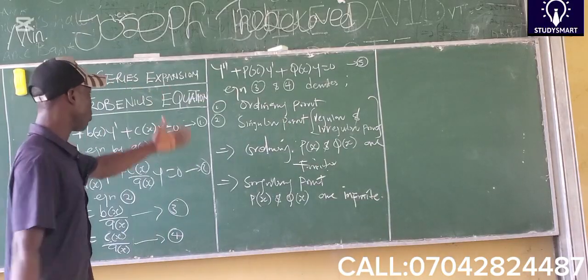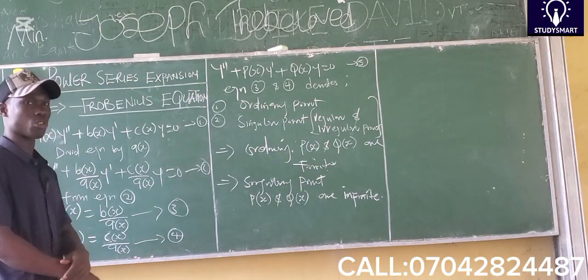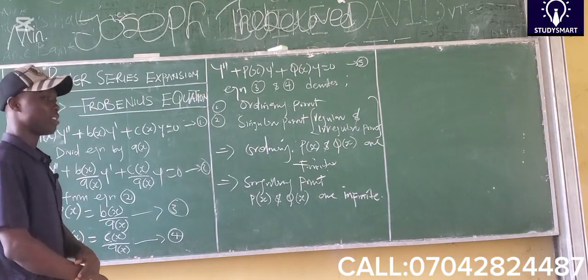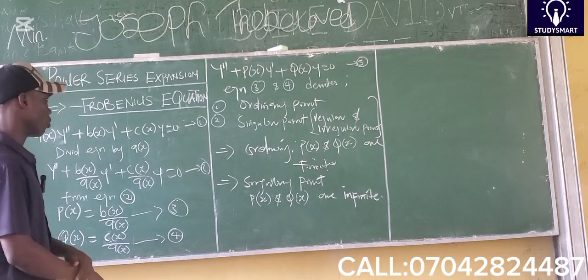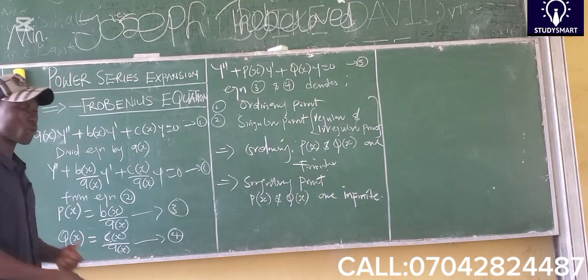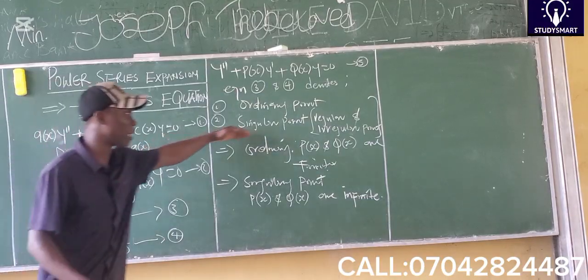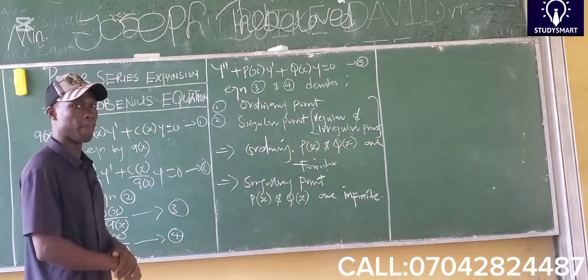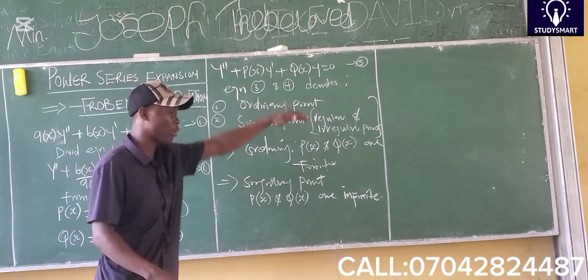Alright, so we are going to be illustrating this with an example, so we can use the Frobenius method to find the series expansion of that particular solution. Don't forget, you only use the Frobenius method when the function is at a singular point. You don't use it at an ordinary point.